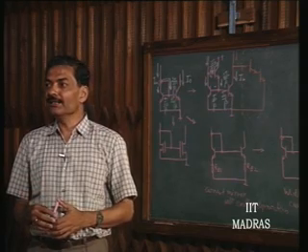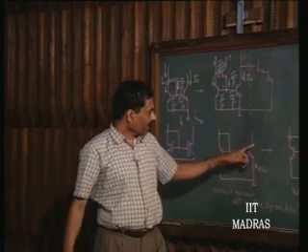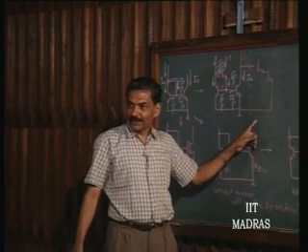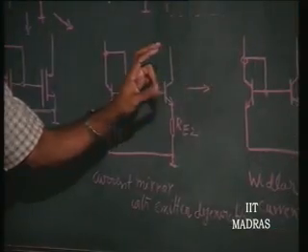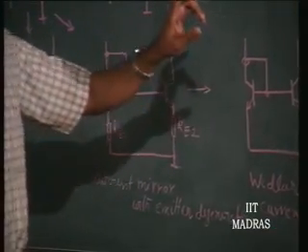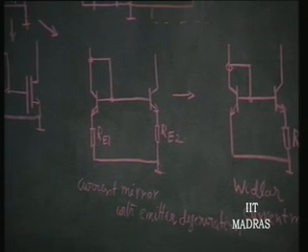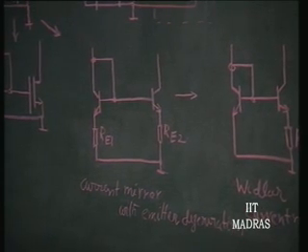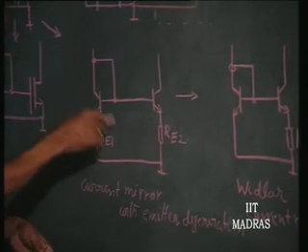The output impedance will shoot up, because this is nothing but current sensing. Output current is sensed and fed back as a voltage. So this is similar to the Wilson current mirror that we had discussed, where output current is sensed and fed back as a current. Okay. Here the output current is sensed and fed back as a voltage.